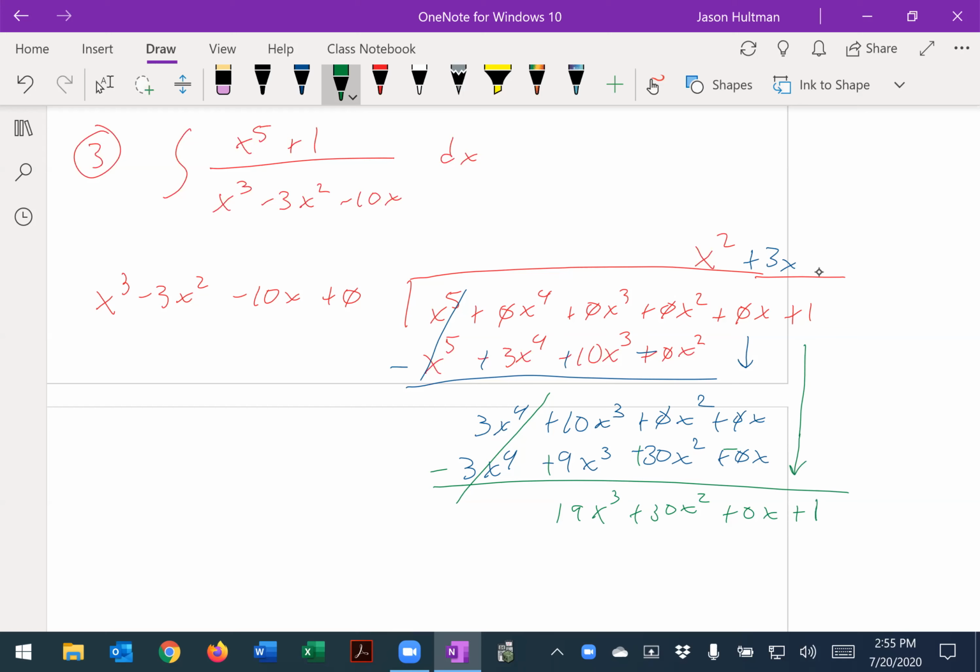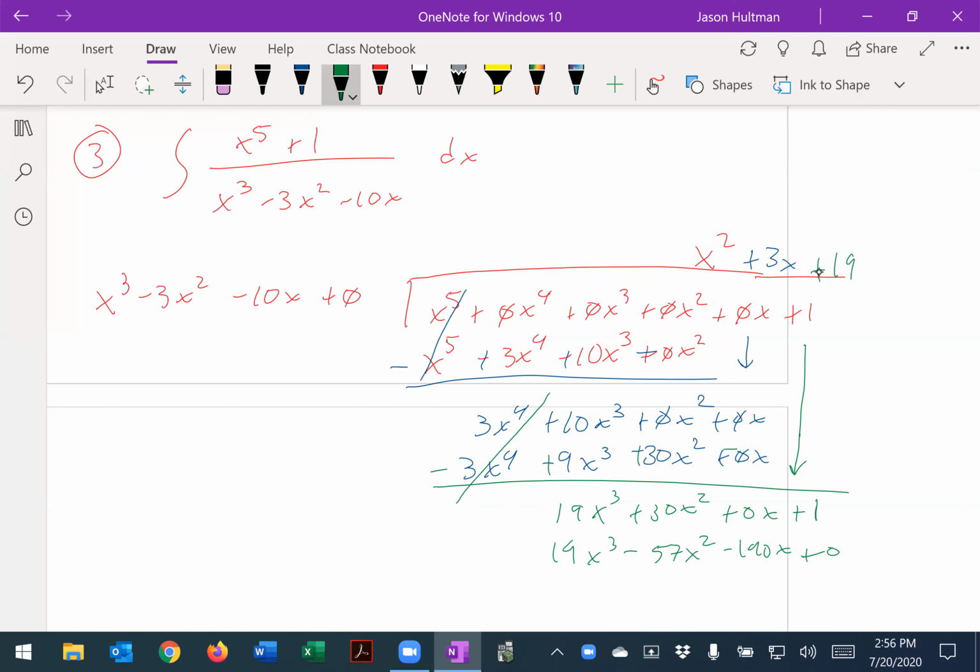Now this is going to go in plus 19 times. 19 times that is just going to be the same thing that we had before: 19x cubed, minus 57x squared, minus 190x, and then plus 0.